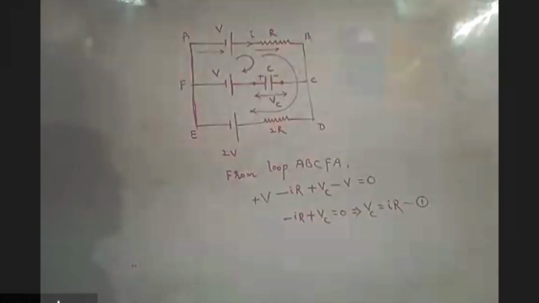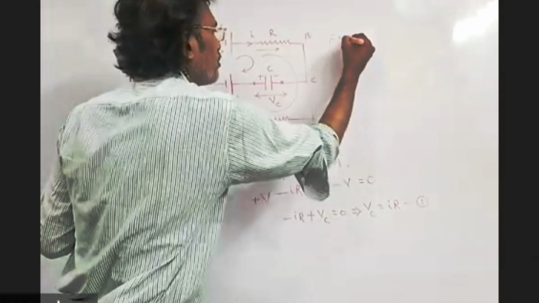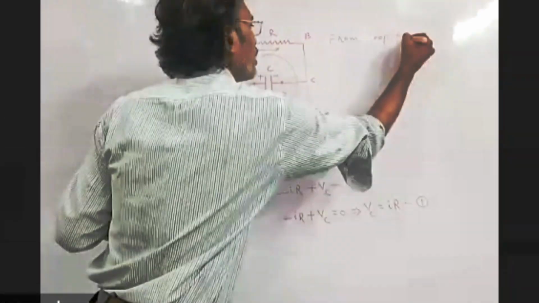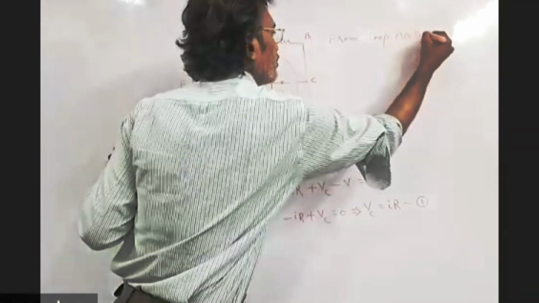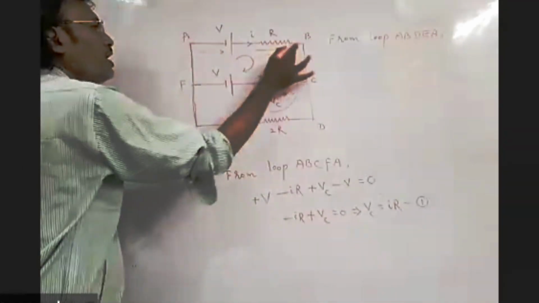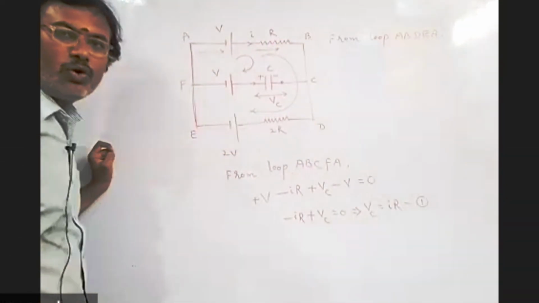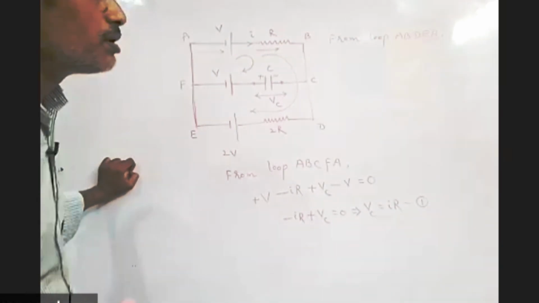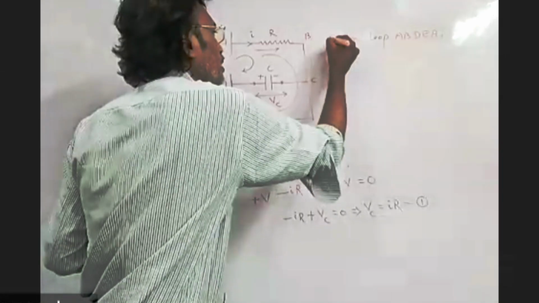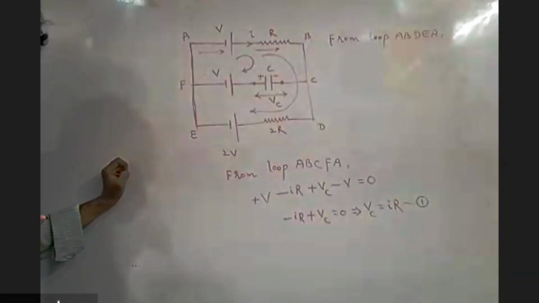In this loop, I am taking loop A, B, D, E, A. It's very clear.